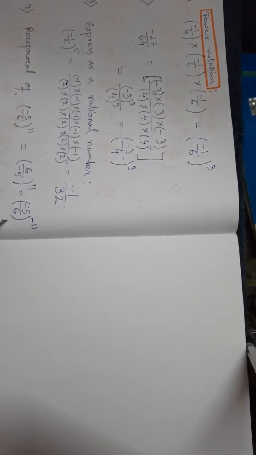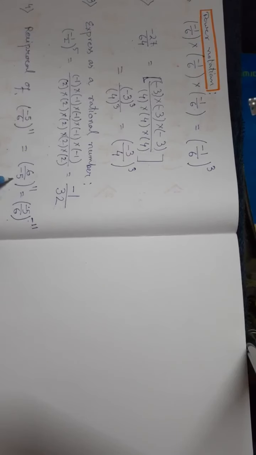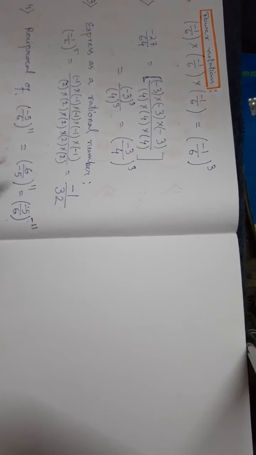So both are correct, but try to write in this form because here we are finding the reciprocal of minus 5 by 6.